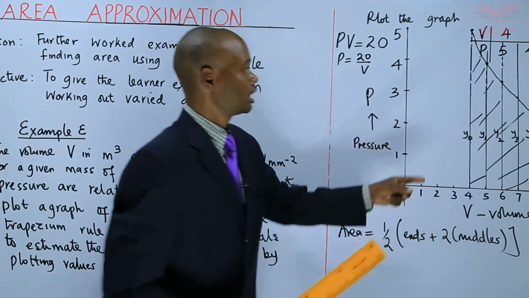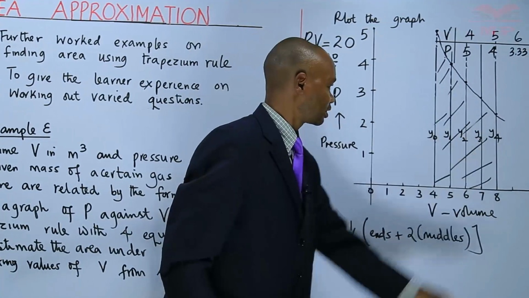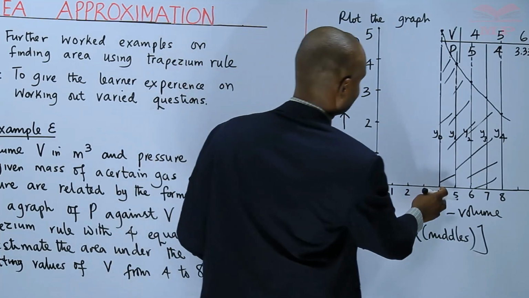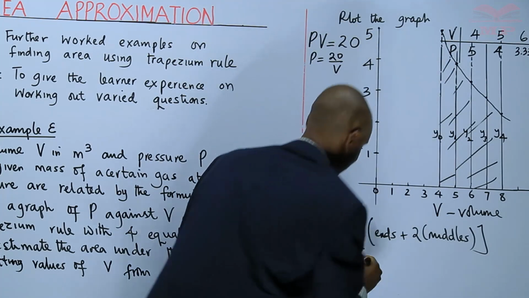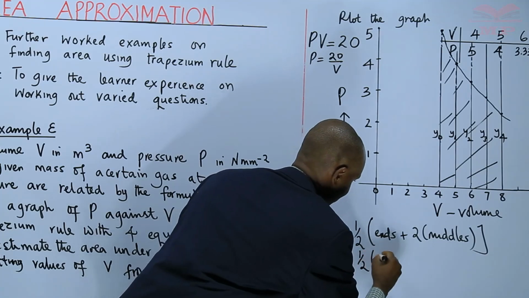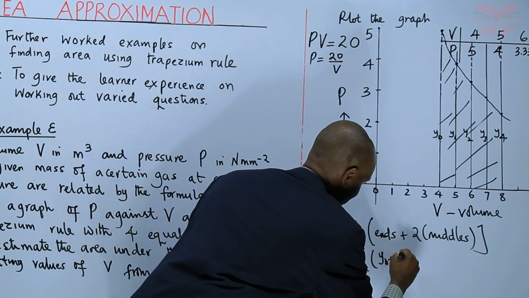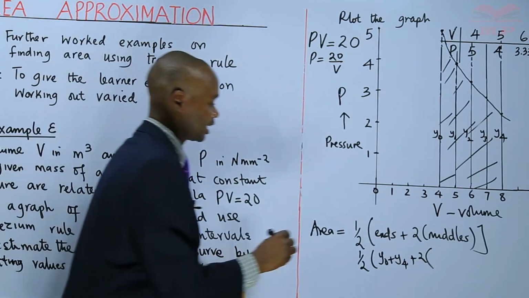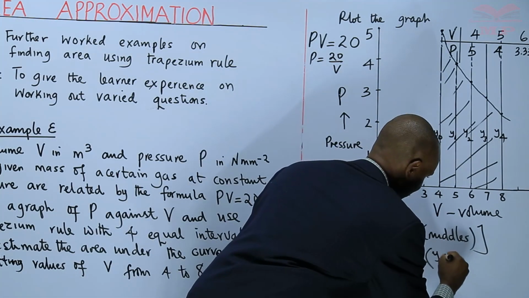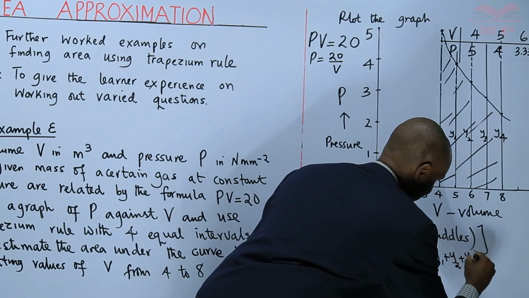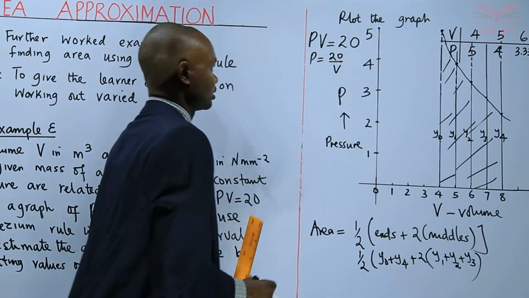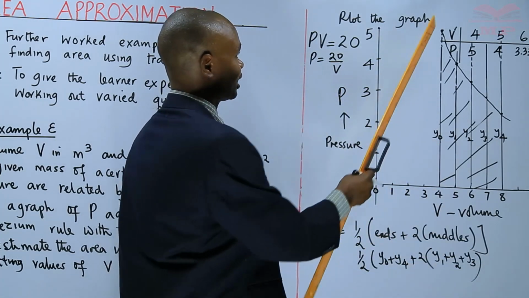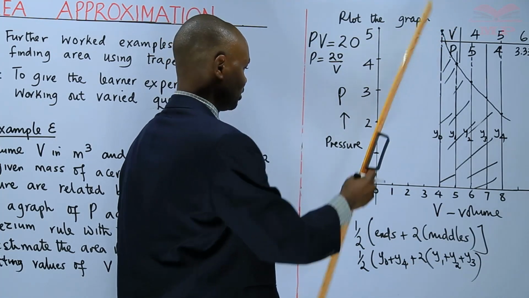So the ends are the ordinates for y0 and y4. There it is 5. So it will be a half into y0 plus y4 plus twice y1 plus y2 plus y3. But those points for y, you'll use the points for pressure.